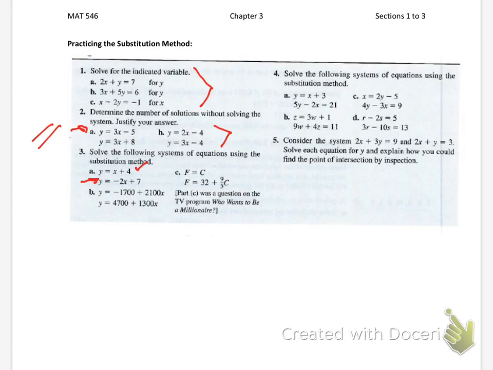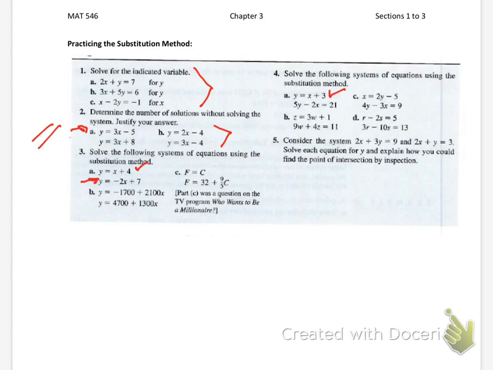Okay, in question 4, notice how they have one of the equations as a y equals or an x equals. So in A, you would use the y equals right here, and you would replace your 5y with 5 times paren x plus 3 for your second equation.